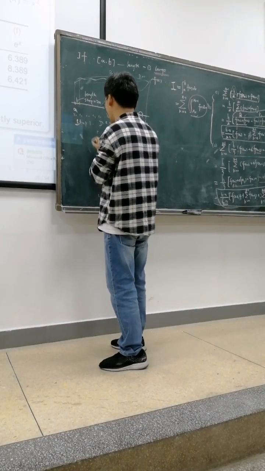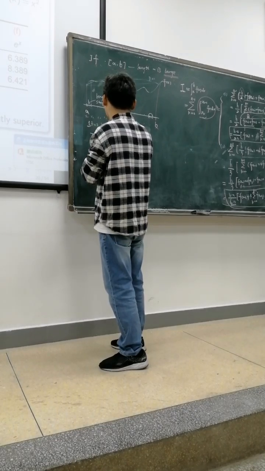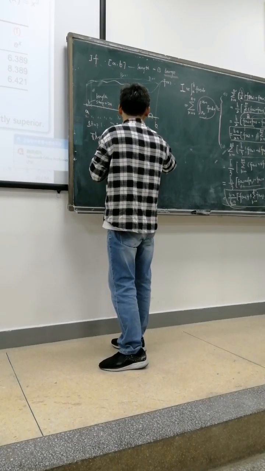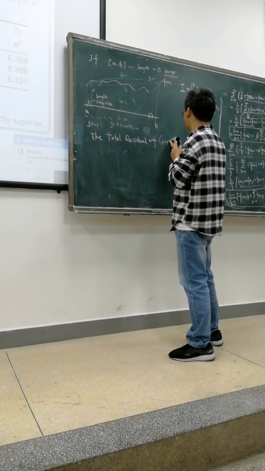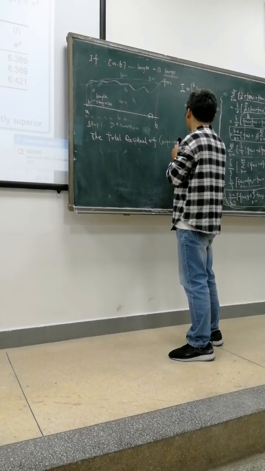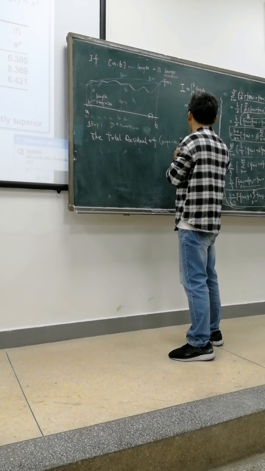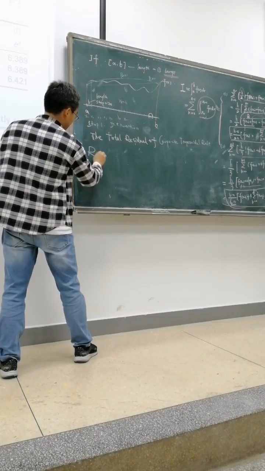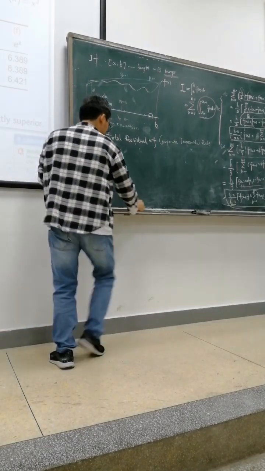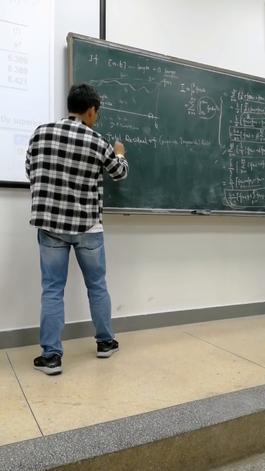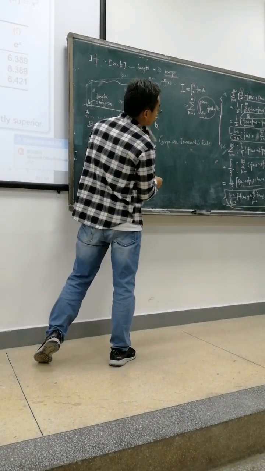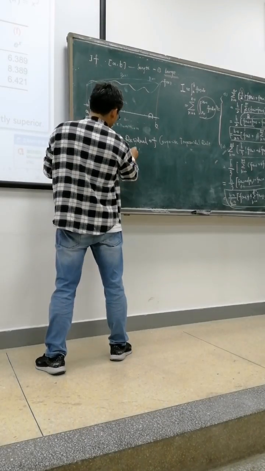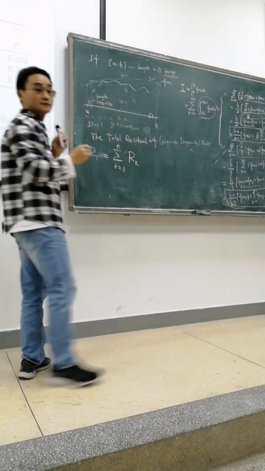Okay, so the total residual part of the composite trapezoidal rule is now the total remaining, the summation from k equals 1 to n of Rk, right?